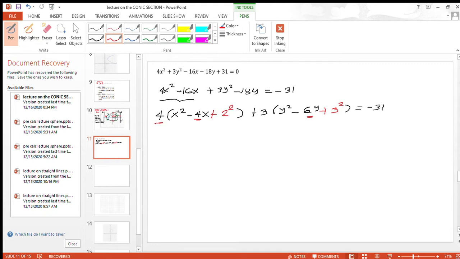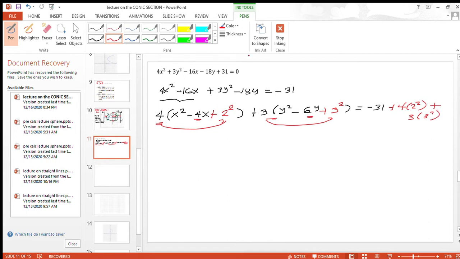Don't forget that for this entire group, we are multiplying by 4. So what we will add here will be 4 times 2 squared. And here we have 3 multiplied by 3 squared. Okay?